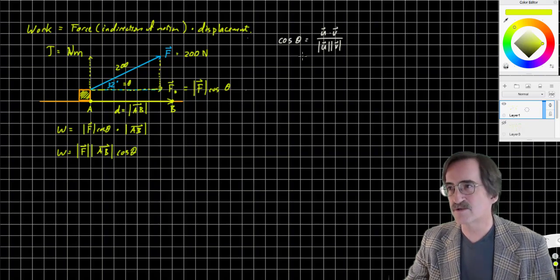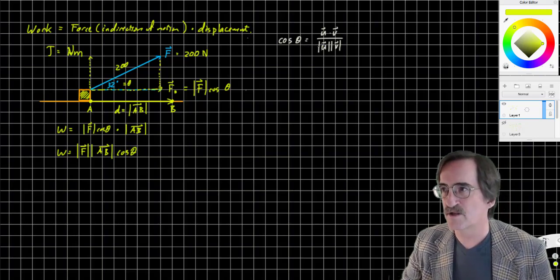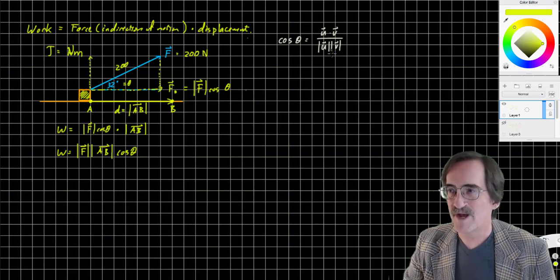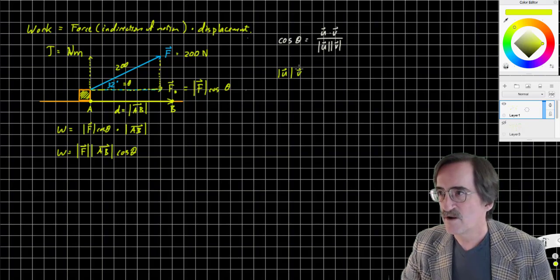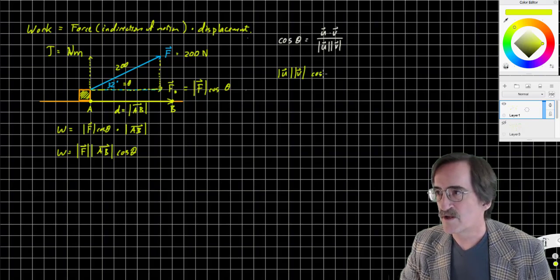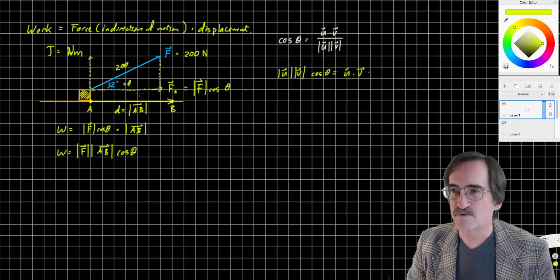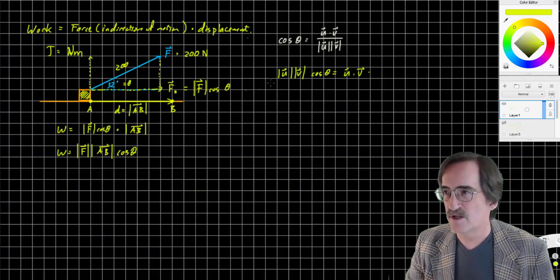Now let's go back to this formula. Cosine theta equals u dot v over magnitude u magnitude v. And let's multiply both sides by magnitude u, magnitude v. We get magnitude u, magnitude v, cosine theta equals u dot v. Okay, now replace that with these two vectors, vector F and vector AB.